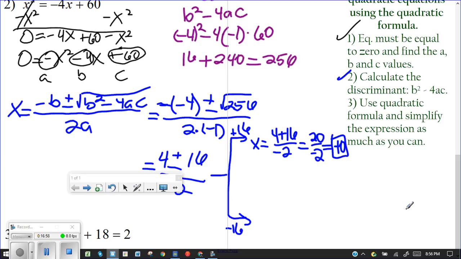Hold on, let me scroll down. So now when the 16 is negative 16, the problem becomes the following. X is equal to 4, and the 16 must be negative 16, divided by negative 2.